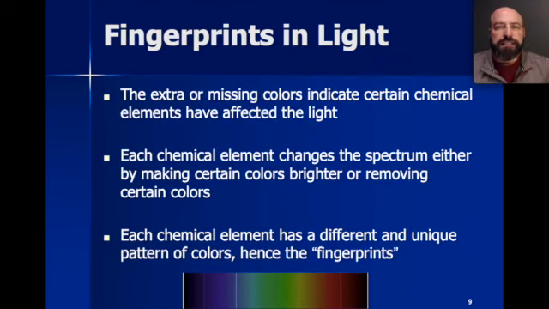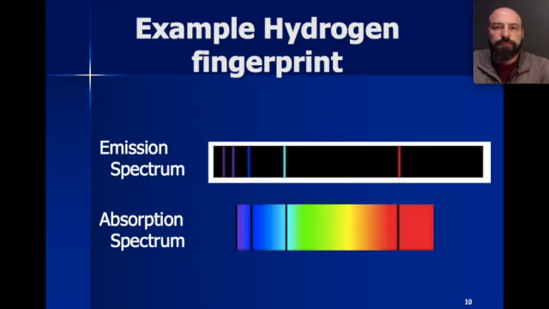Each object that's radiating this light, or sometimes reflecting off of another object and passing through an atmosphere, shows different highlighted colors that are kind of like fingerprints. They tell us what specific chemical element or elements are there in the atmosphere or coming from the star.